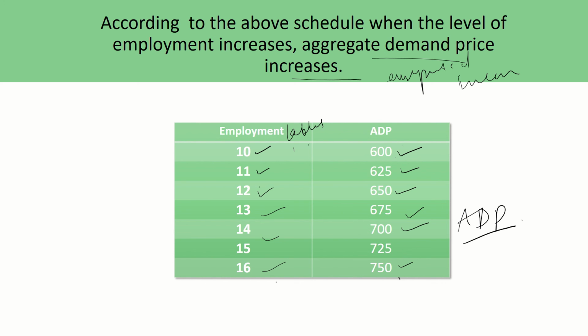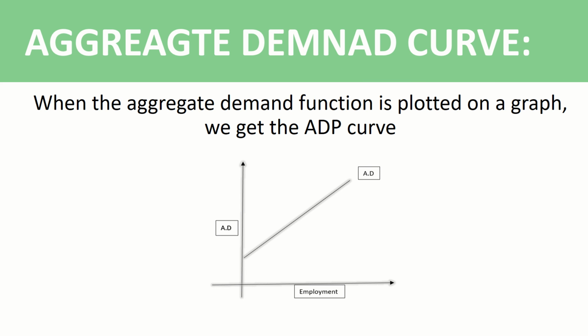Then coming to the next one, we have the aggregate demand curve. When we plot this table showing the aggregate demand price on a graph, we get the aggregate demand curve. The aggregate demand curve slopes upwards from left to right. On the x-axis we take employment, on the y-axis we take aggregate demand.